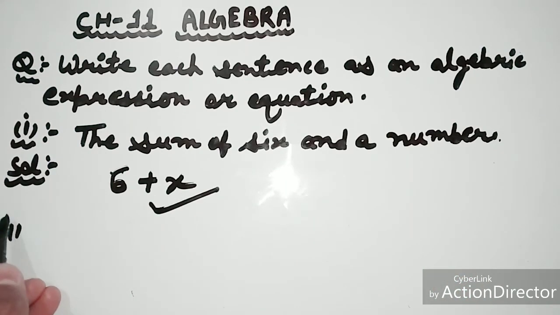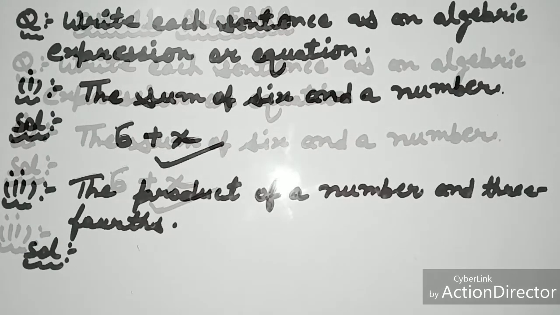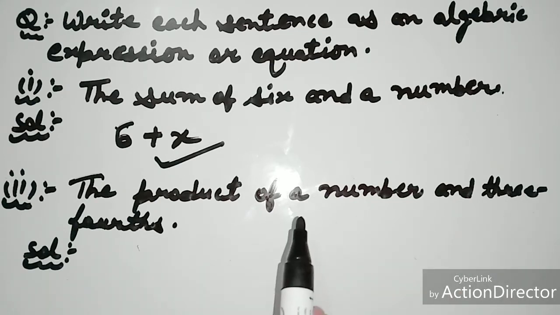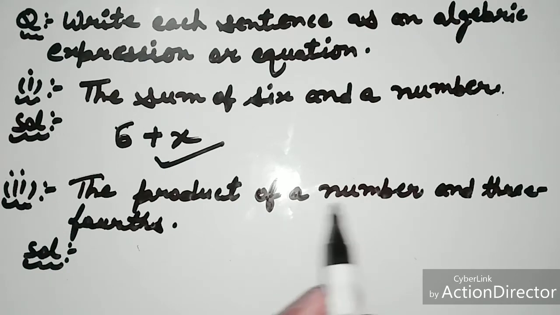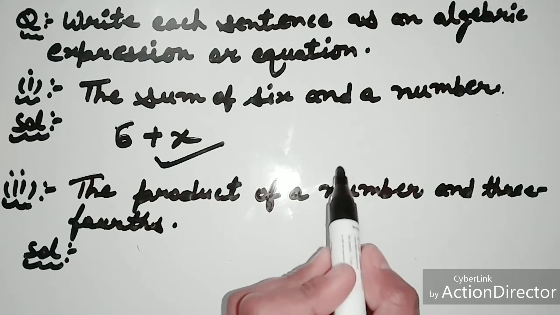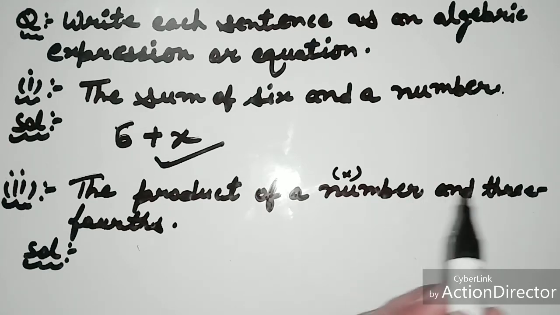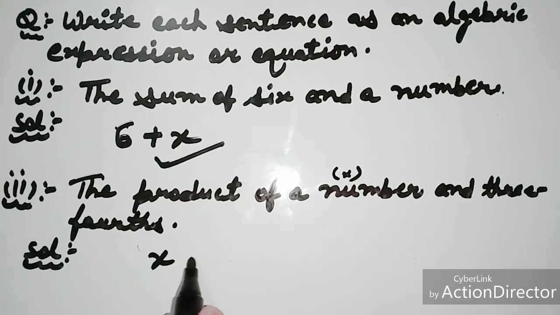Now example number 2: the product of a number and 3/4. Here, for the product of a number, in place of the number we take x. So the product of x and 3/4 means x multiply by 3/4.